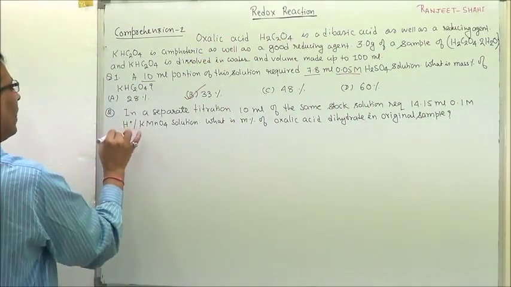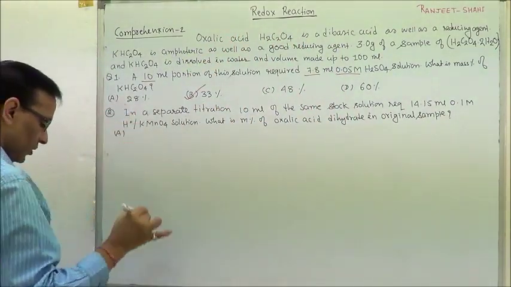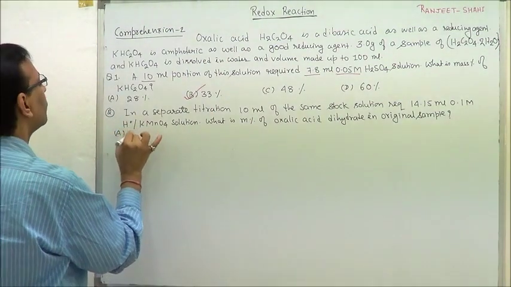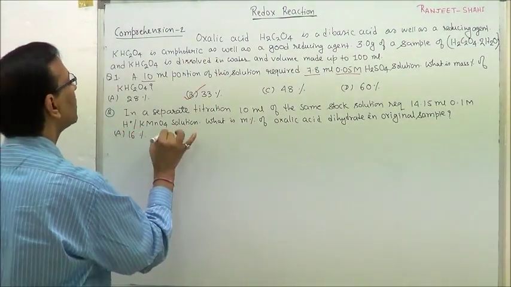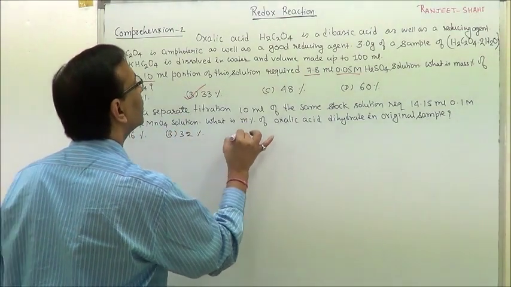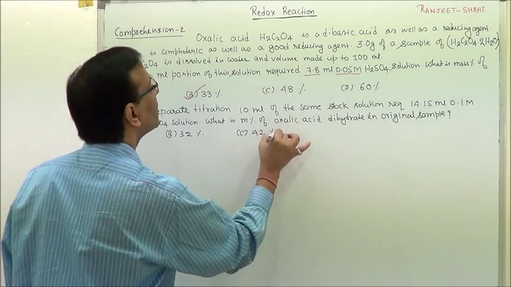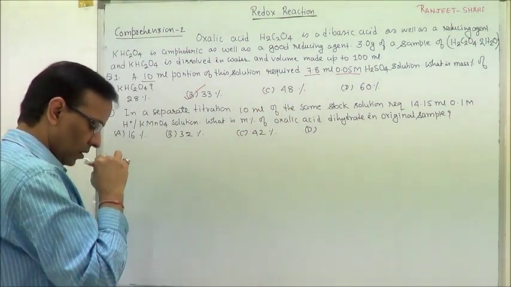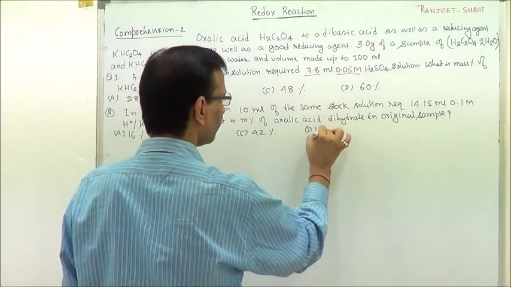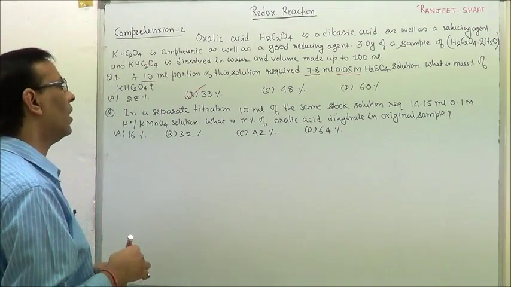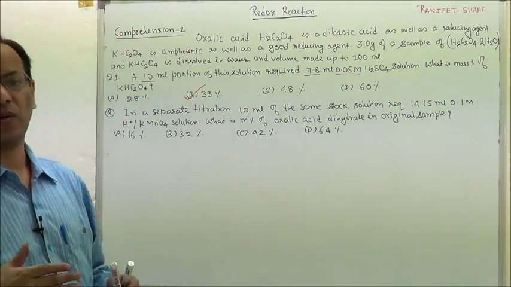And the options are 16%, 32%, 42%, and 64%. Now this is a very interesting part of this comprehension.